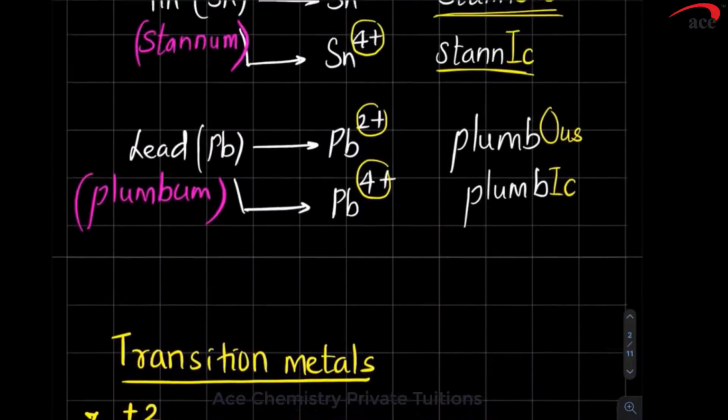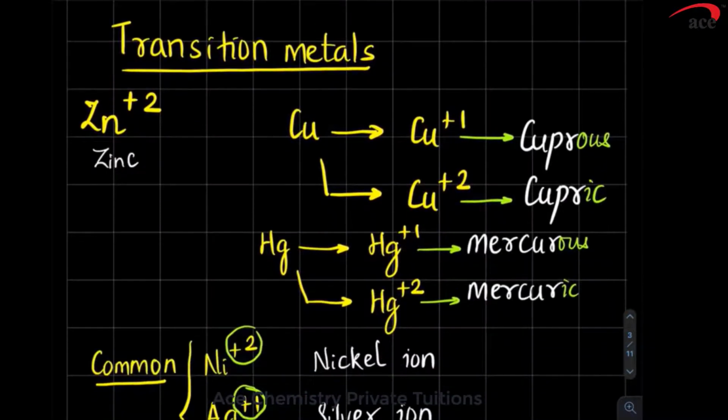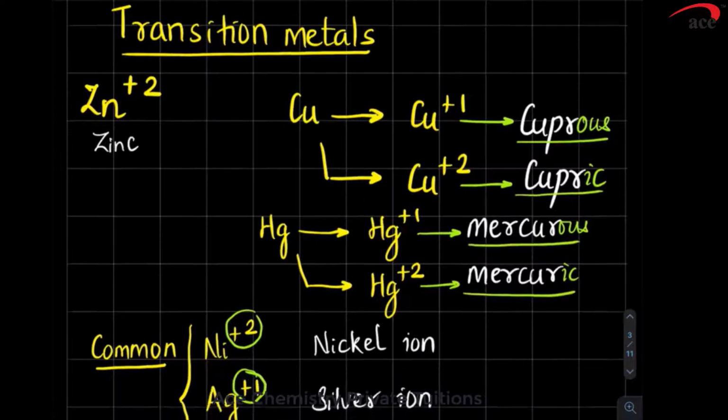So if you analyze again: stannous, stannic, plumbous, plumbic. Plumbous +2, plumbic +4, stannous +2, stannic +4, cuprous +1, cupric +2, mercurous +1, mercuric +2.